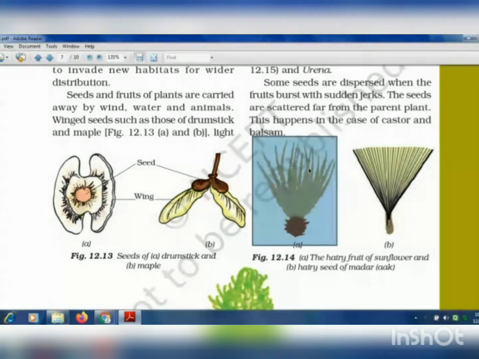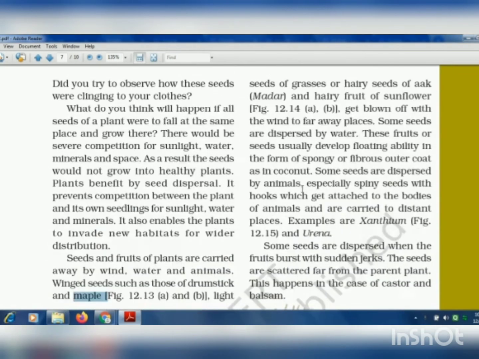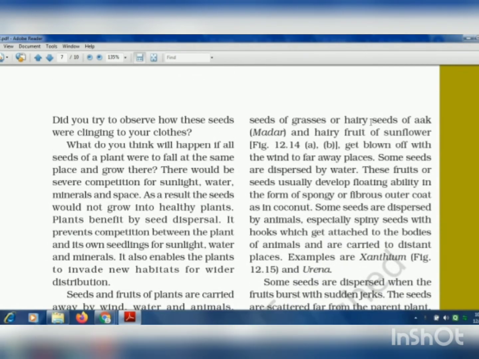So examples of plants in which the seed or the fruit has wing or hair-like structures are drumstick, maple, grasses, hairy seeds of madar, and hairy fruit of sunflower. So, because of this wing and hair-like structure, they can easily fly to far off places in the wind. So, these plants, fruits, and seeds are getting transferred with the help of wind.